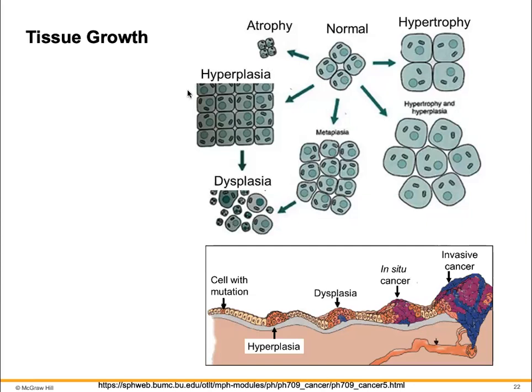The image on the left-hand side here that's referred to as hyperplasia is the process of growth through cell multiplication. So we went from 4 to 16 of them. Hypertrophy is dealing with the enlargement of pre-existing cells. So you still have 4 cells here, but all of them are larger. Typically, hypertrophy is what happens when your muscles grow through exercise.